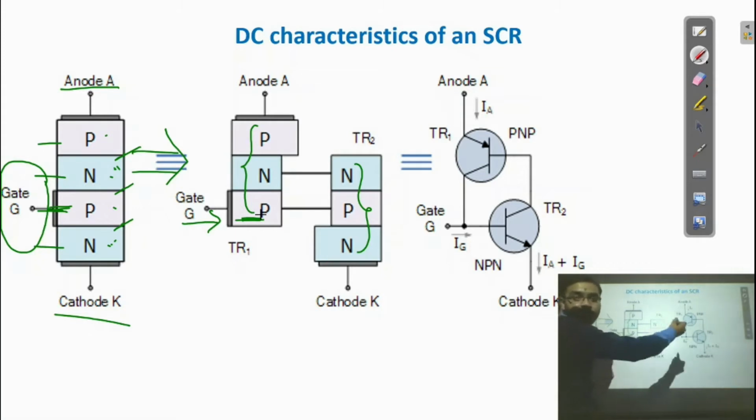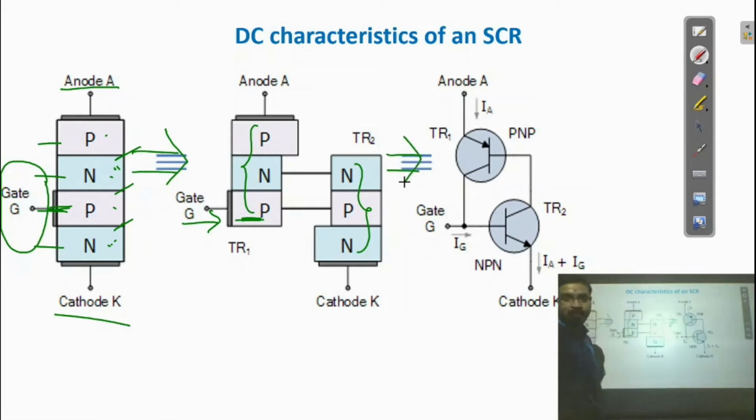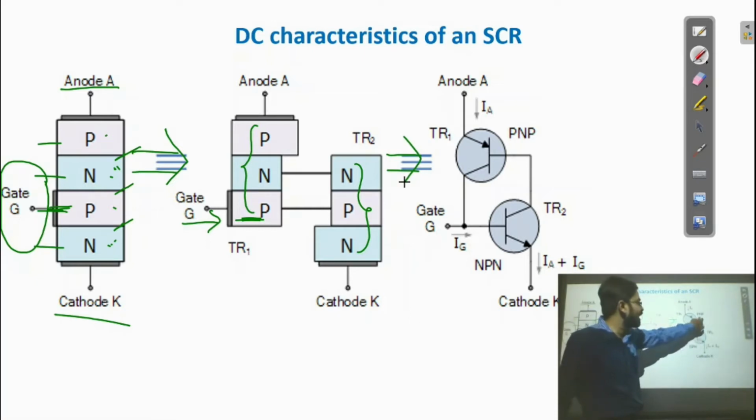Further, in a more simplified way, we can have this one. The basic symbol of an SCR uses the basic symbol of a PNP and an NPN transistor, and the gate is connected.